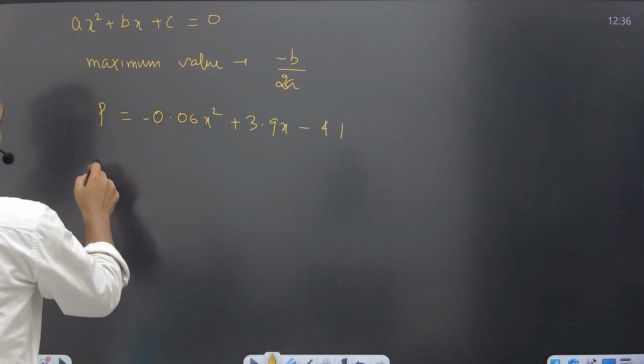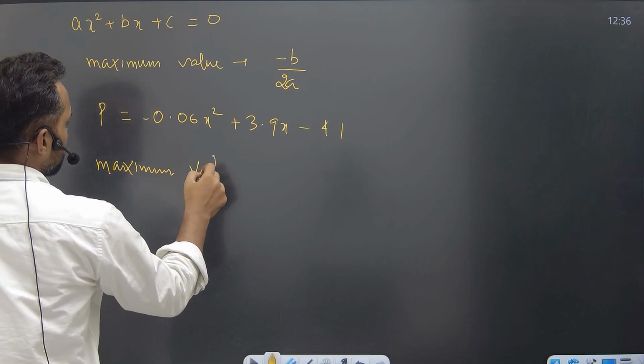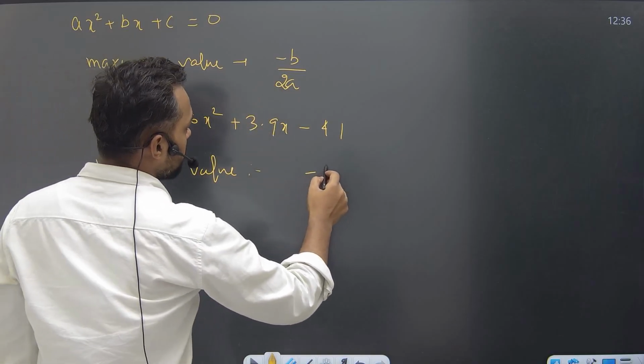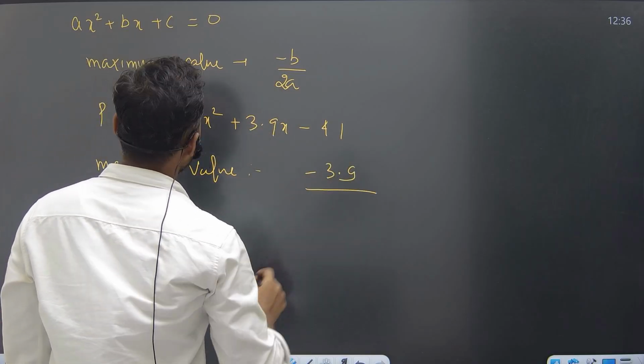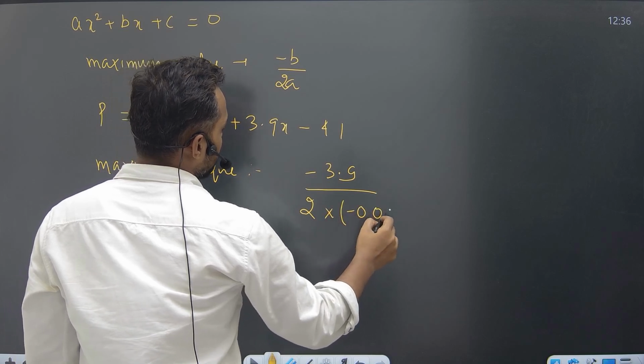So what will be the maximum value? Negative b by 2a, so it will be negative 3.9 upon 2 cross negative 0.06.